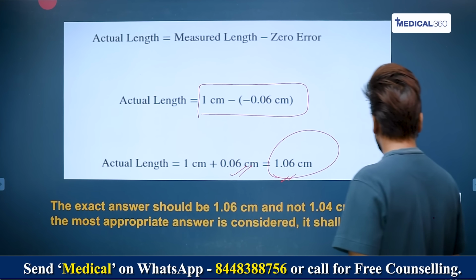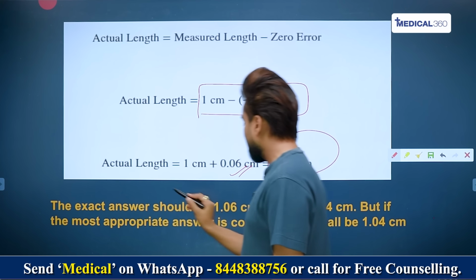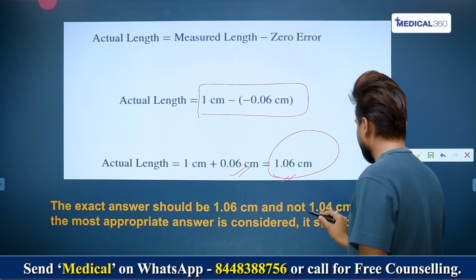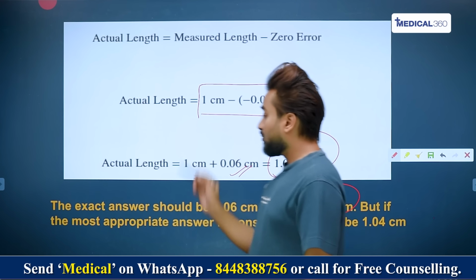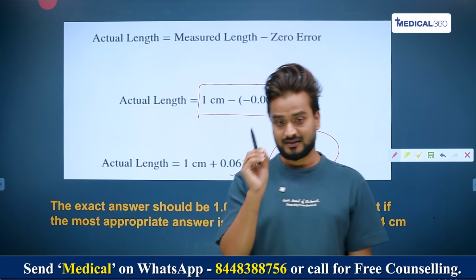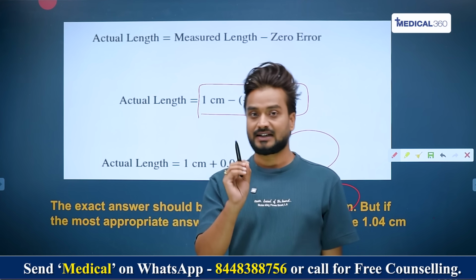So the actual length of the wire should be 1.06 centimeter, but the exact answer was not in any of the options. Instead, 1.04 centimeter was mentioned. If the most appropriate answer is considered by NTA, then 1.04 centimeter would be the correct answer.